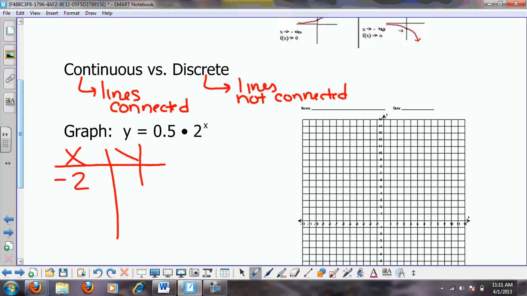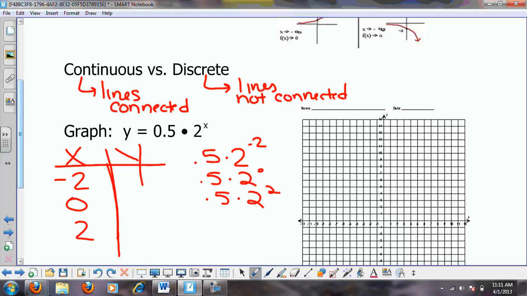Let's try -2, 0, and a positive number. Now we're going to evaluate. 0.5 times 2 to the negative second power, 0.5 times 2 to the 0 power, and 0.5 times 2 to the second power.